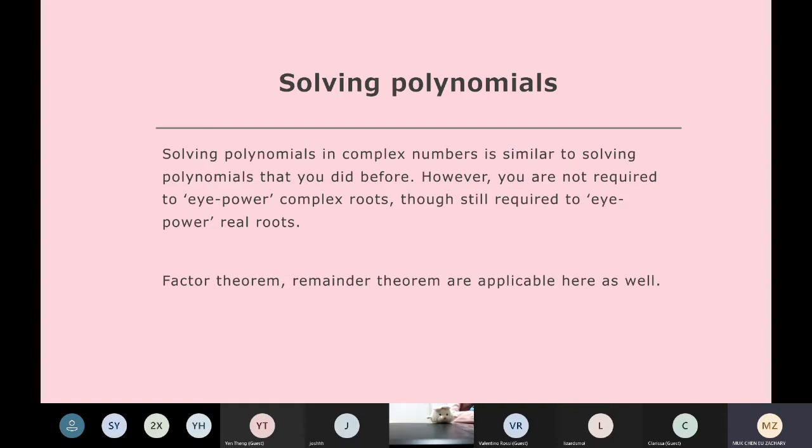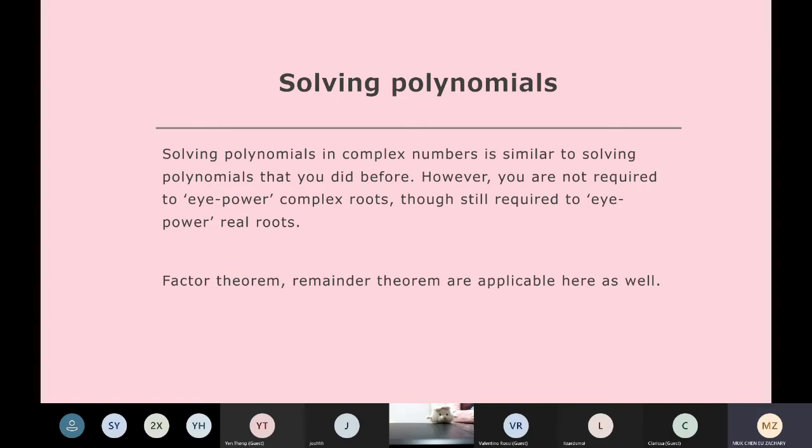Few things to know about polynomials, as we have said yesterday. When you have a polynomial with all coefficients that are real, and you have a root, a solution that's a complex number, the conjugate will also be a solution to the polynomial. So keep that in mind.